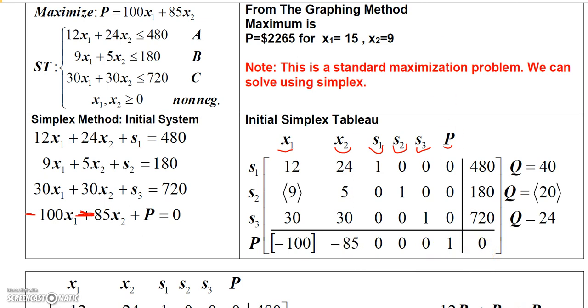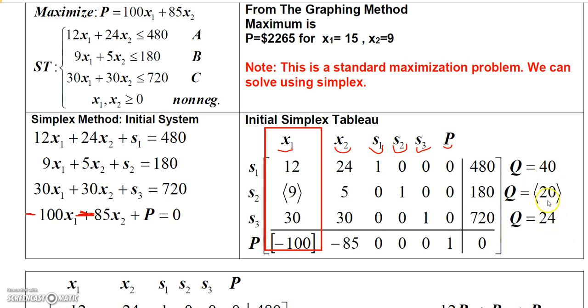Now, the most negative indicator is actually in the first column. Negative 100 is the most negative indicator, so that would make this first column my pivot column. And then for my pivot row, I would divide 12 into 480 and get 40 for that quotient. Q stands for quotient. And then if I divide 9 into 180, I get 20. And then if I divide 30 into 720, I get 24.